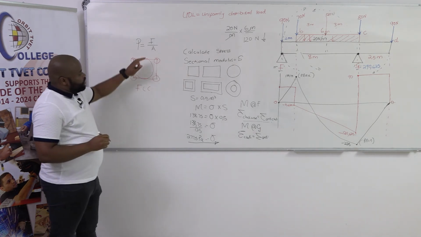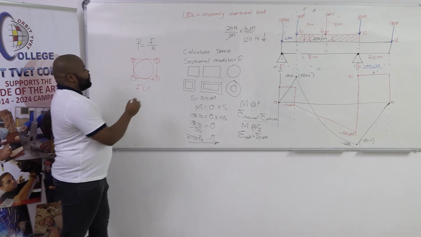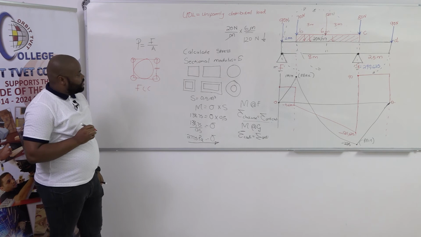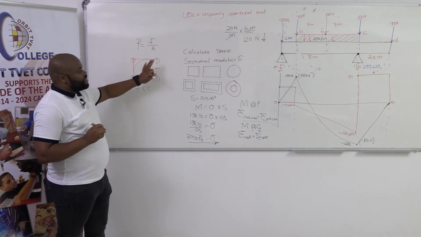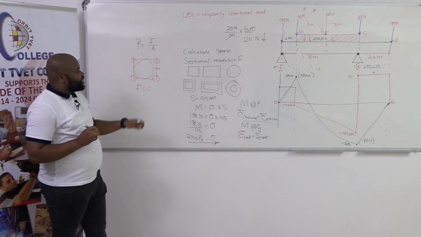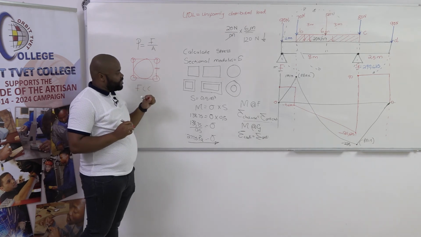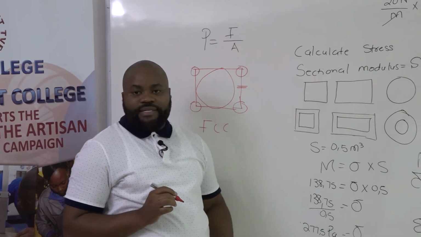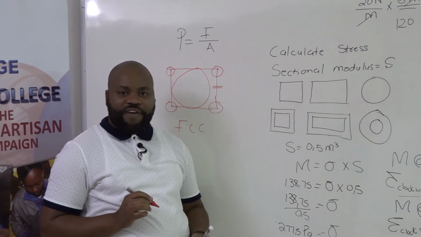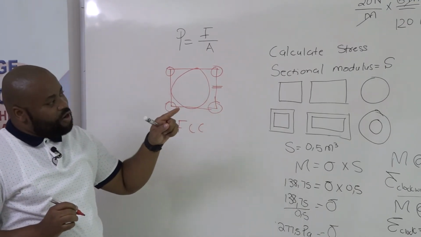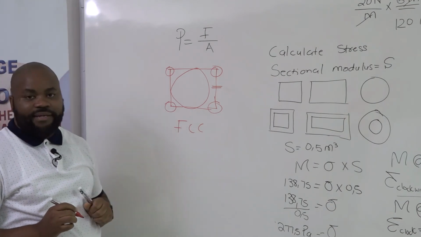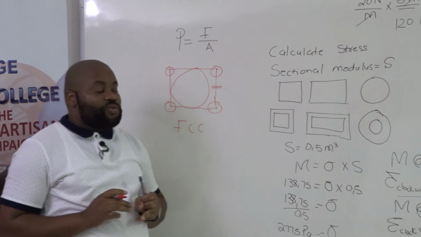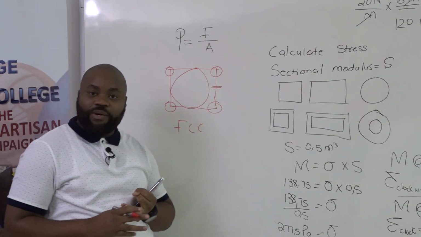When we apply too much pressure, you can create a fracture in the atomic structure. And once you create a fracture in the atomic structure, your beam is ultimately going to fail. The result of a beam failure is when you have buildings collapsing. That's when you have bridges collapsing.